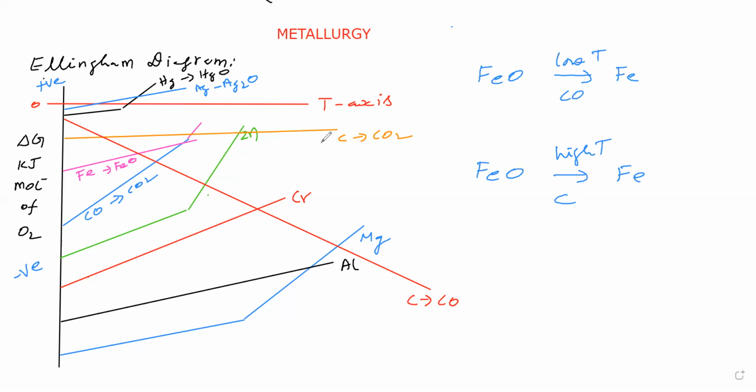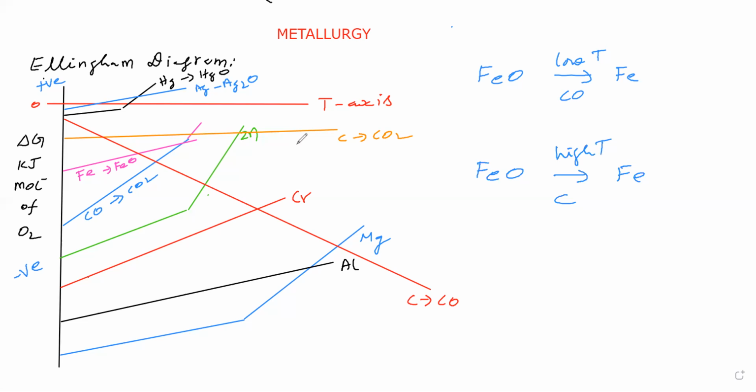That means for converting any metal oxide into metal, we can use carbon as the reducing agent by providing the necessary temperature. Why? Because carbon into carbon monoxide has a negative slope, so its graph comes below any metal's graph at a particular temperature.